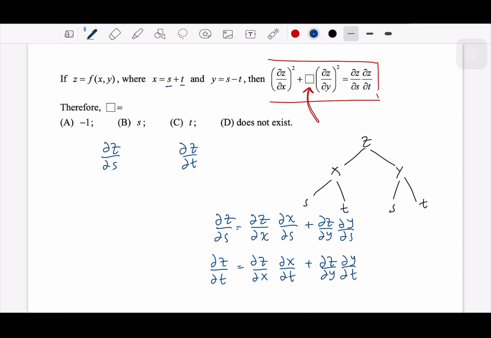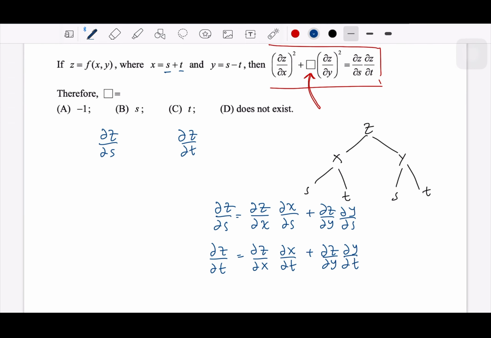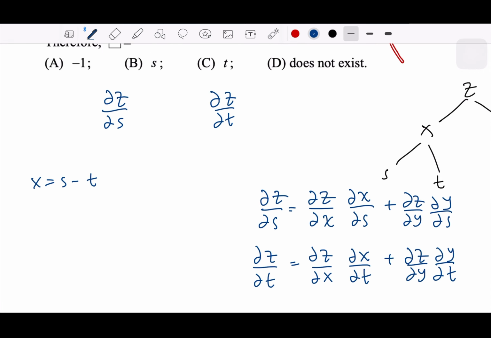Okay, now we can exchange all these symbols for partials with the actual functions. So x is s plus t, and we need to differentiate with respect to s first.